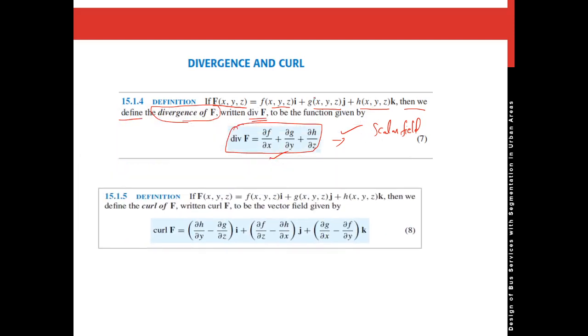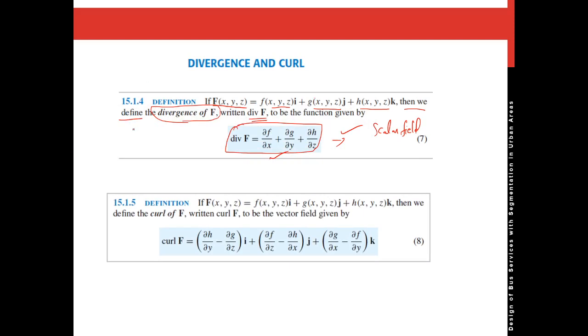Next we will find a formula for finding curl. So if F(x, y, z) = f(x, y, z) i + g(x, y, z) j + h(x, y, z) k, then we define the curl of F to be a vector field given by curl F = (∂h/∂y − ∂g/∂z) i + (∂f/∂z − ∂h/∂x) j + (∂g/∂x − ∂f/∂y) k.